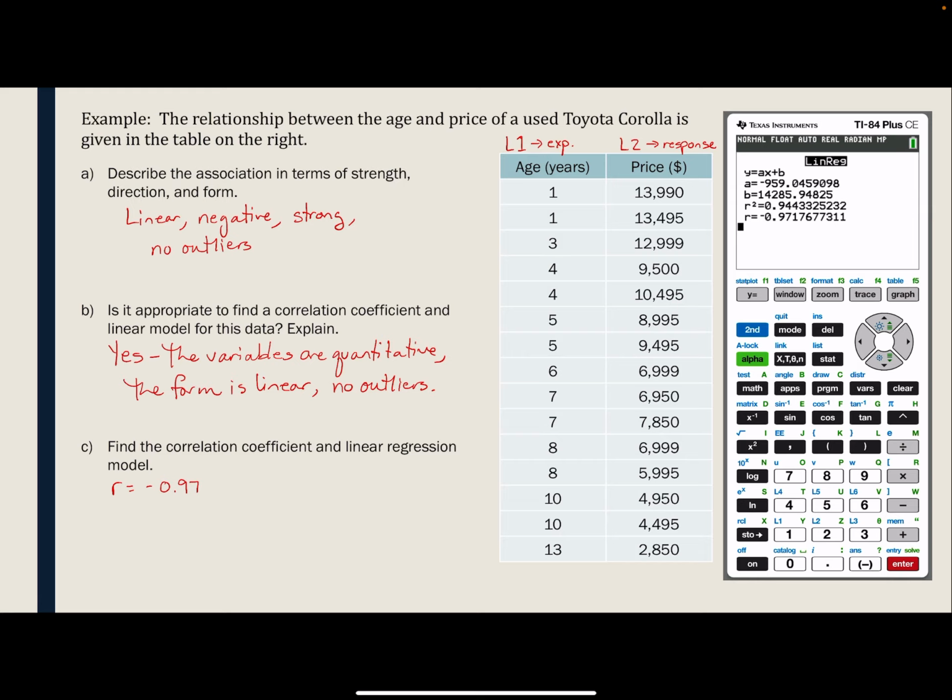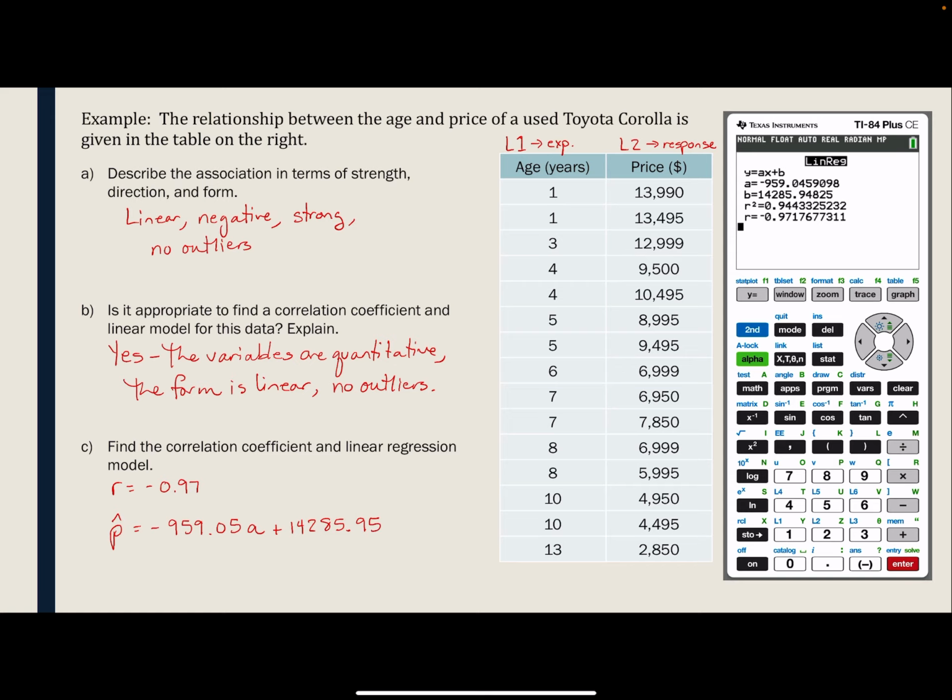And the model is going to be, let's use price, so P hat equals negative 959.05 times the age plus 14,285.95.